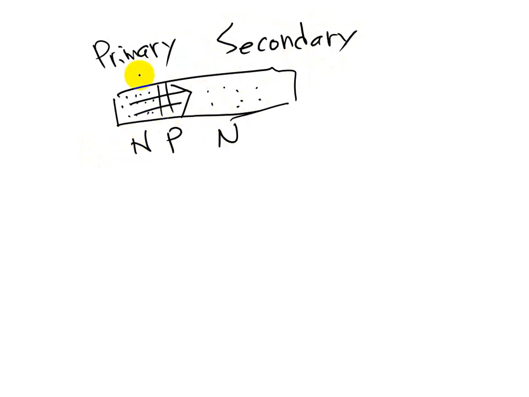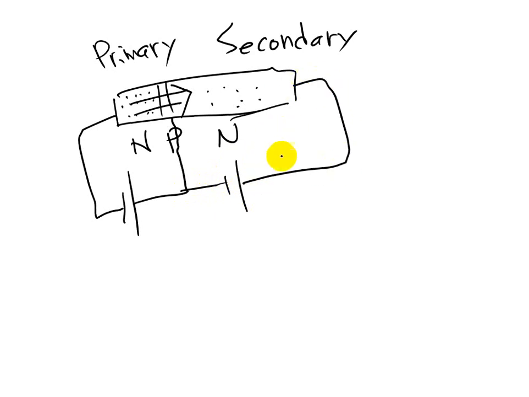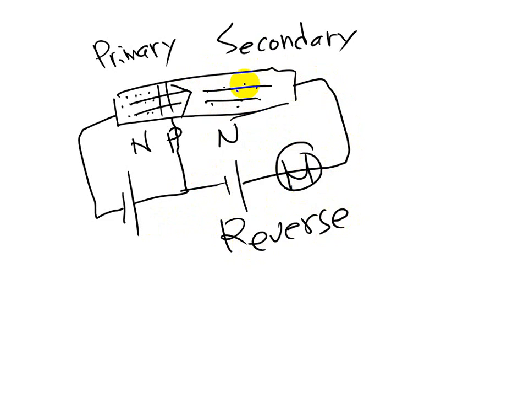From primary charge carriers they become secondary charge carriers, where you can have a reverse bias here. And the motor runs because the secondary charge particles are going through. So you have a large collector current IC and a small current coming through IB.